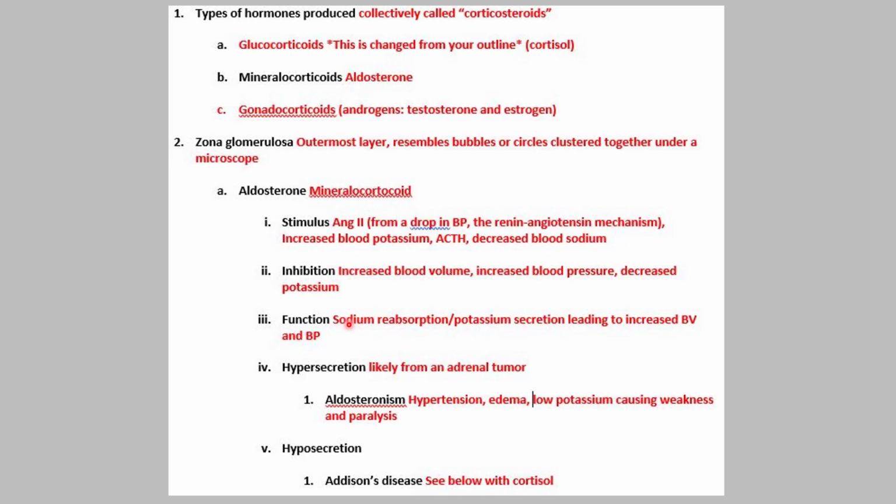So if we're putting sodium, a solute, back into the blood, what's it going to do? It's going to pull water along with it. And if water is going into the blood, what's going to happen? Blood volume is going to increase. Blood pressure is going to increase. So that raises the question of, well, we're reabsorbing sodium, but we're secreting potassium.